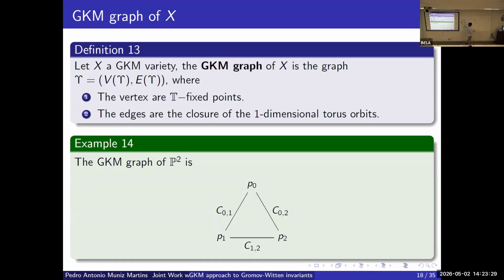Here is an example. P2 is a GKM manifold. You consider the algebraic torus, C3, and the action on P2. You consider an element in P2, like this, and a torus element like this acting on it.